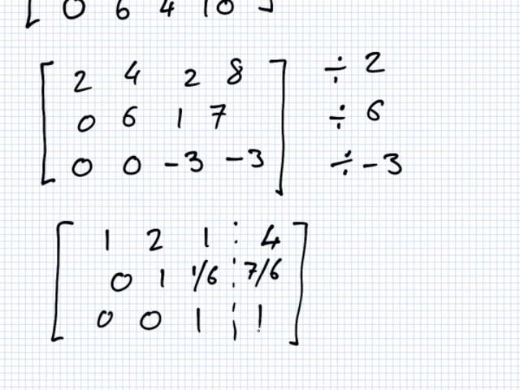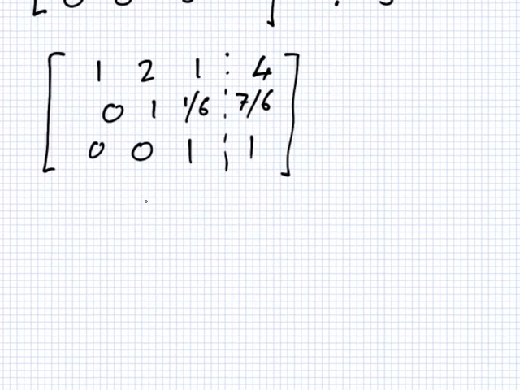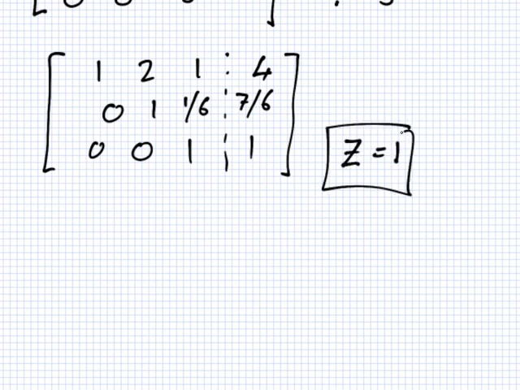And this is actually practically finished. Because if you think about now what you have, by making the zeros here, the last equation is what? z equals 1. The second last equation is y plus a 6th z equals 7 over 6.